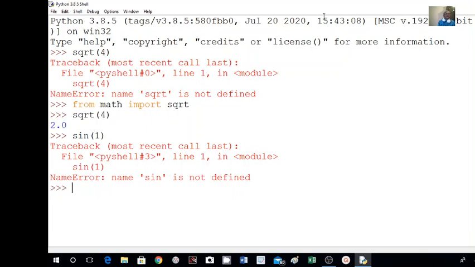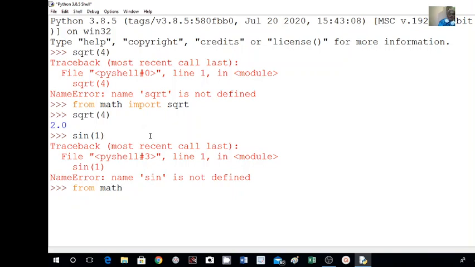If we are using sine, then we have to import sine, or we have to import math and every time use math dot, or if you import math as say m, then you have to write m dot the function.